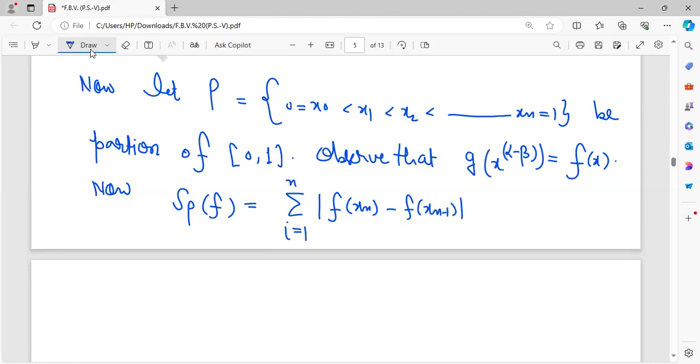So by this, what I will get here is the summation, i goes from 1 to n, of |g(xi to the power alpha minus beta) minus g(x(i-1) to the power alpha minus beta)|.